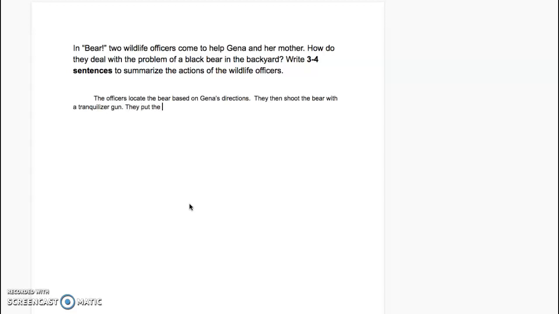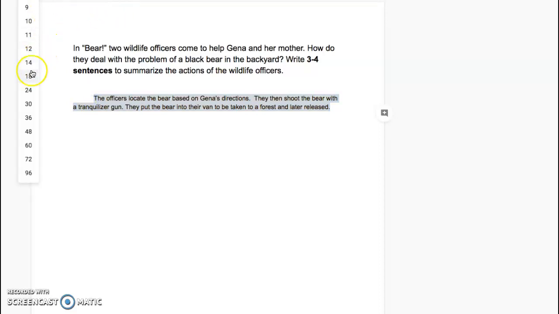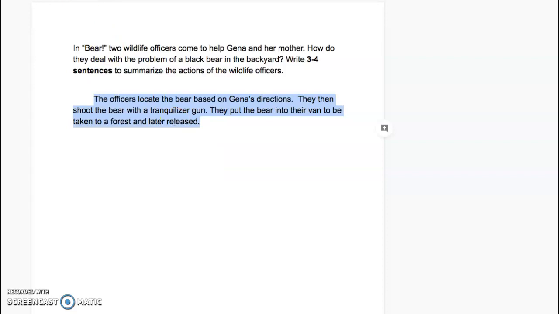They put the bear into their van to be taken to a forest and later released. Okay, yours doesn't necessarily have to look exactly like mine. I'm going to make that a little bit larger. Okay, please make it about, I don't know, 14 or so.